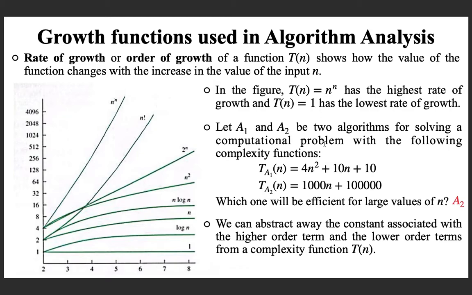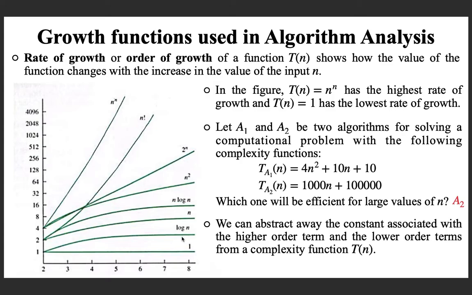So, basically if you have a time complexity function like this, say 4n square plus 10n plus 10, which is a polynomial of degree 2, we don't have to worry about what this constant is and what all these low order terms are. You can just say that the growth function is n square. Okay, so from here we say that the growth function is n square, and for this we will say that the growth function is n, and based on this we can say which one is better.